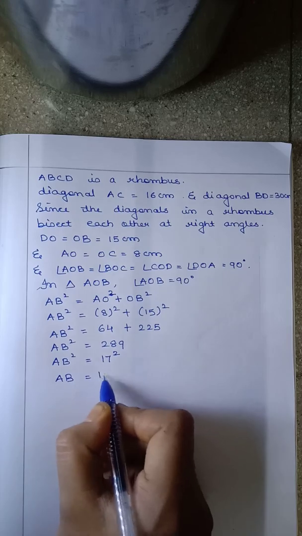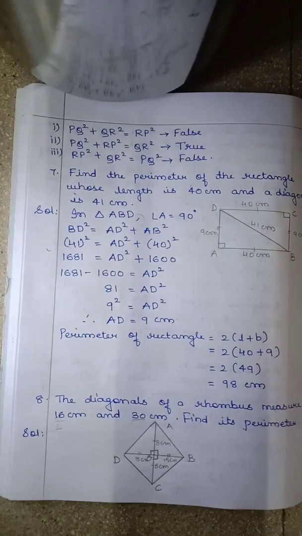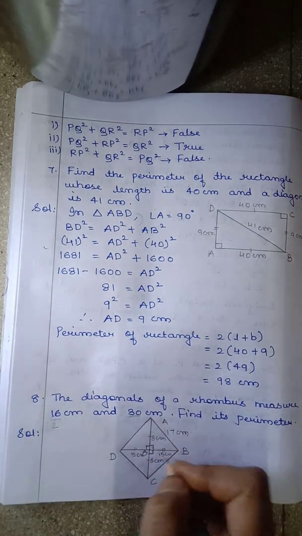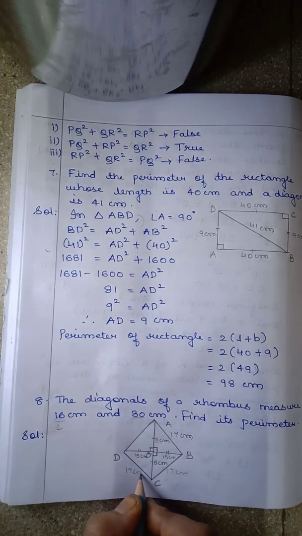Therefore AB is equal to 17 centimeters. So we got the side of the rhombus as 17 centimeter. All the 4 sides are equal in a rhombus is also one of the properties of a rhombus.